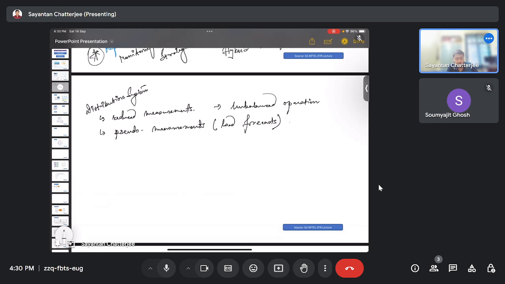The forecast itself contains uncertainty, so they are not up to the mark. The measurement uncertainty is much higher.